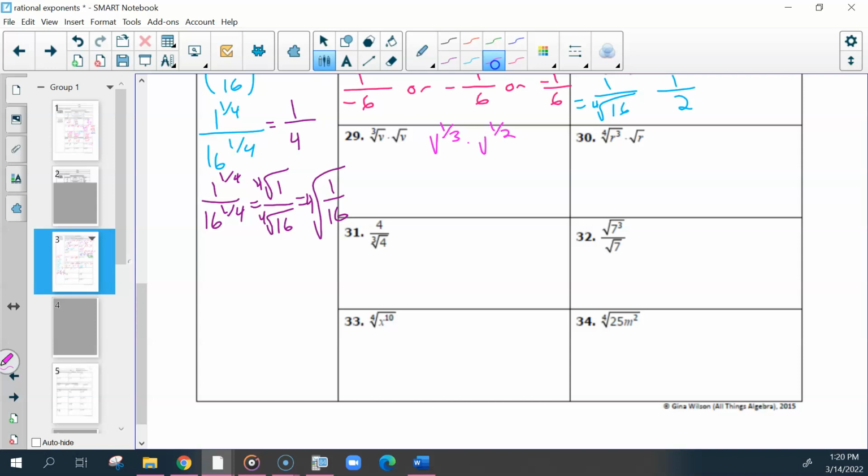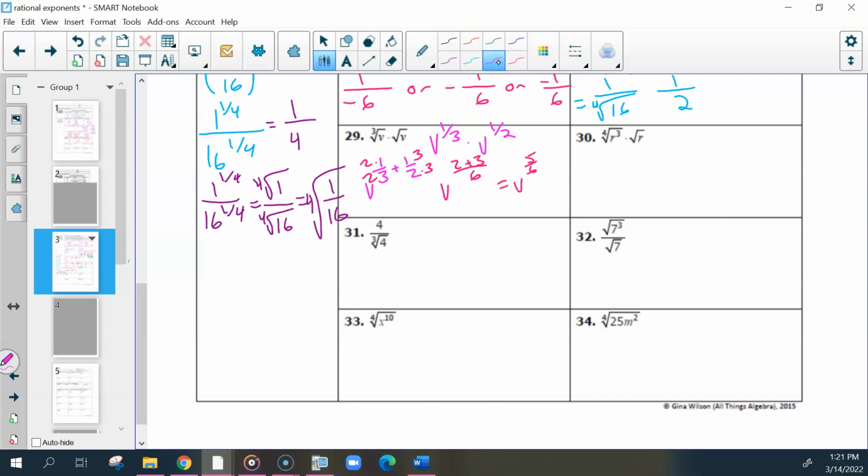And then this would give us, we are multiplying like bases, so we're adding our exponents. We don't have a similar denominator, so we would need to change them by multiplying. So we have v to the 2 plus 3 all over 6, or v to the 5/6.